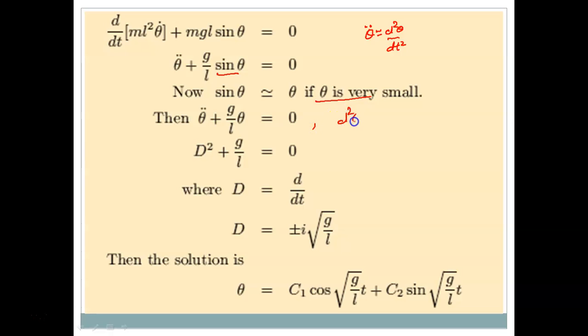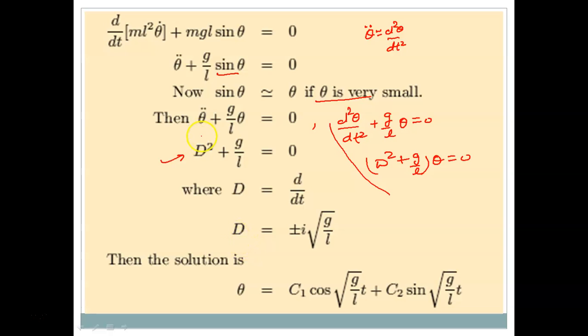It can also be written as d square theta by dt square plus g by L theta equal to 0, and in symbolic form as (D square plus g by L) theta equal to 0. So the auxiliary equation in this case becomes this. When you simplify, D is equal to plus minus i root g by L. So these are complex roots. The solution of the equation is given by theta equal to c1 cos root(g by L) t plus c2 sin root(g by L) t.